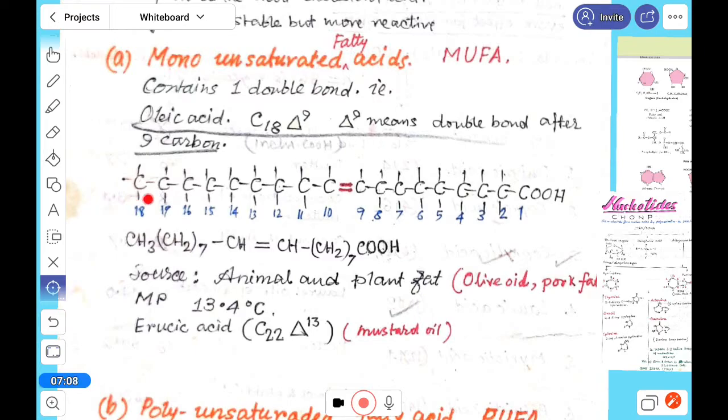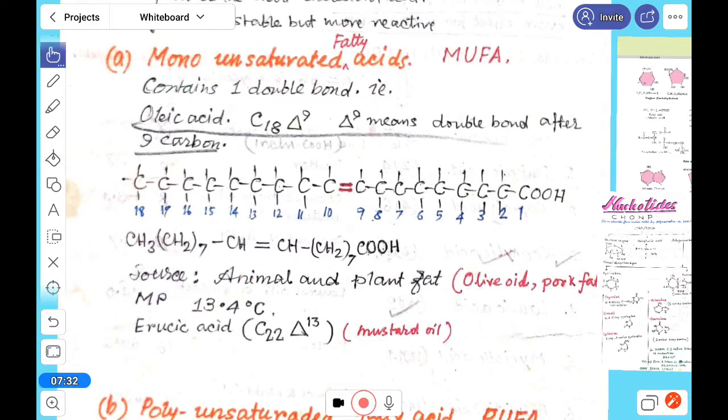You write CH3, then all the others CH2, with 7 up to here, then the double bond, then the other part, 7, and the carboxyl group. So this is oleic acid. It is available in animal fat.